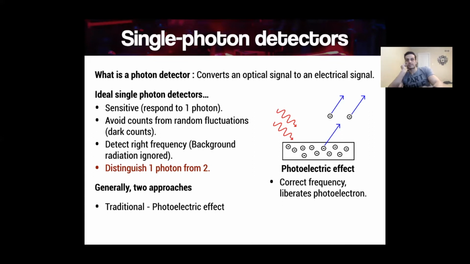If you have some metal plate with electrons bound to it, you shine photons on it, and if the photons are above a certain threshold frequency, they have enough energy to liberate the electron. You can imagine the electrons tied to the metal with some chain. If you shoot it with photons that are like little Nerf balls, they're not going to have the energy to break the chain no matter how many of them you use.